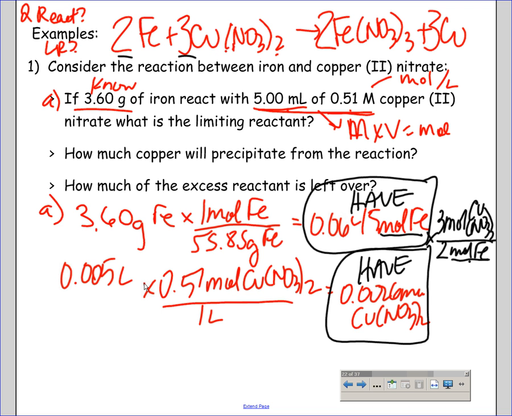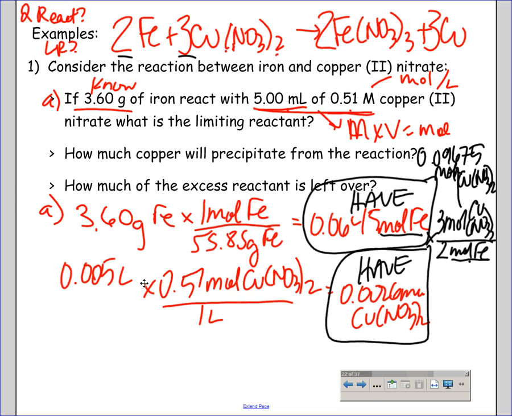So if I have 0.0645 moles of iron, and I have a 3 to 2 ratio, all I'm going to do is say that times 3 divided by 2. That requires, I'm going to write this answer up here, 0.09675 moles of copper 2 nitrate.